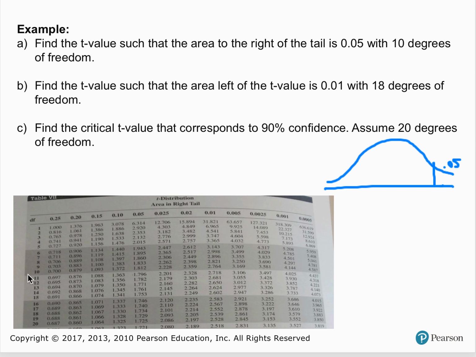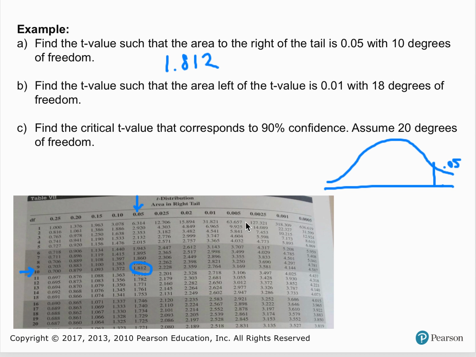So 10 degrees of freedom is right here, and 0.05. Oh, passed it. So 1.812.